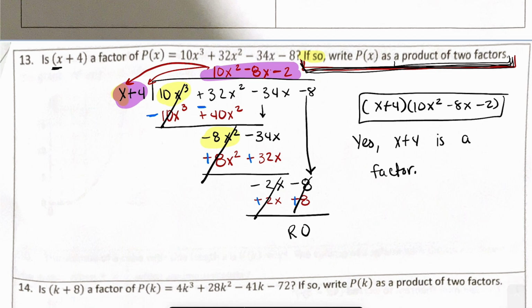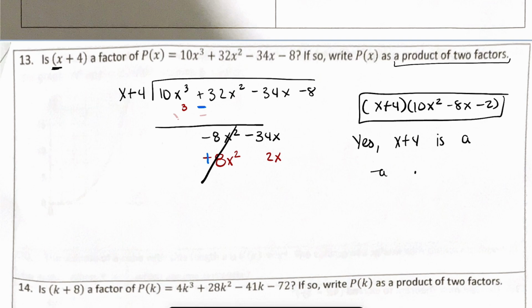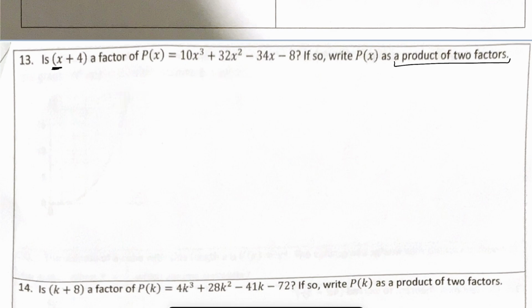Okay? Alright, so here's the third way of figuring out if it is a factor. What you do is what's called the factor theorem. The factor theorem tells us that if we plug in the number, if it equals 0, then it is indeed a factor. So using the factor theorem, we just have x plus 4.